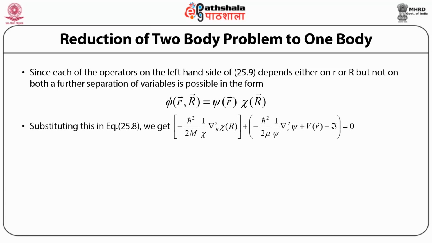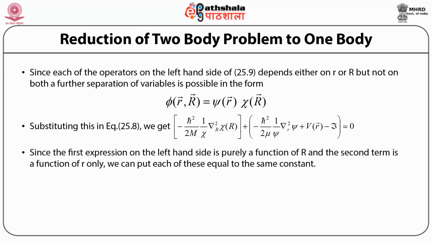Now substituting this in equation 25.8, we get minus h cut square by 2 capital M multiplied by 1 by chi multiplied by del square R chi as a function of R, plus minus h cut square by 2 mu multiplied by 1 by psi multiplied by del square r psi plus V of r minus tau equal to 0.